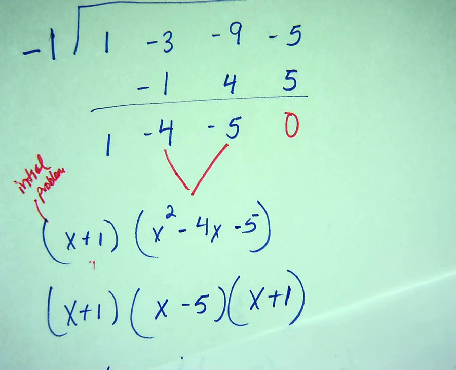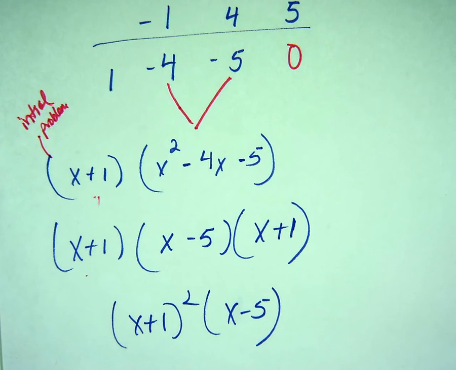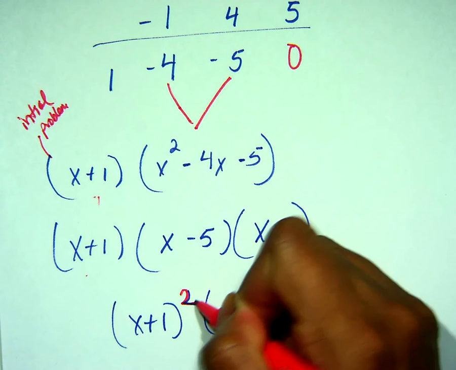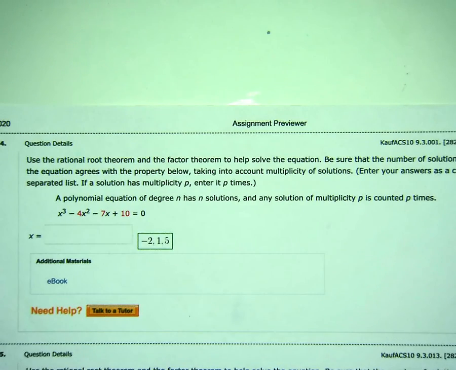Well, notice you have two x plus 1s. So the way that you're going to rewrite that is x plus 1 squared, then x minus 5. I strongly suggest that you pause the video and try to look at this one again, because we're going to have more and more synthetic division. In the meantime, we're going to move on to number 4. Whoopee! One of the ones we have to read.